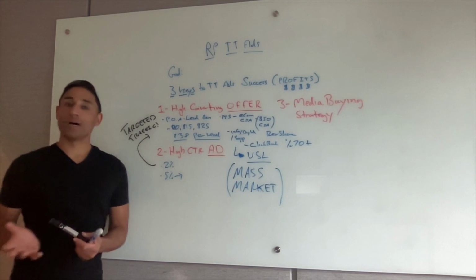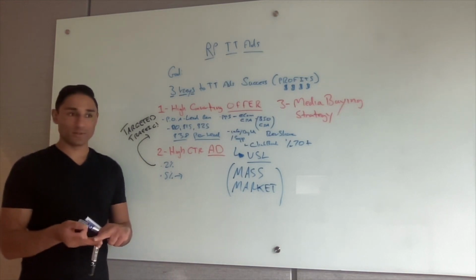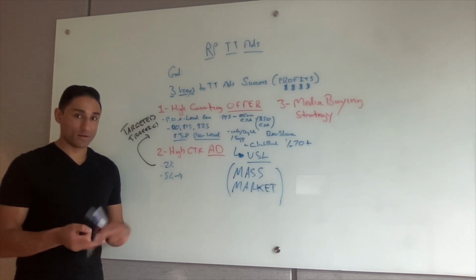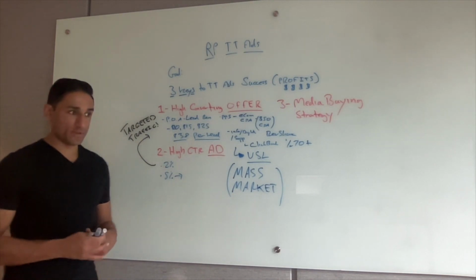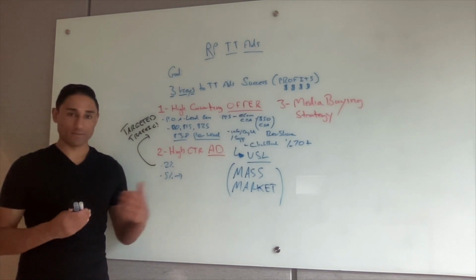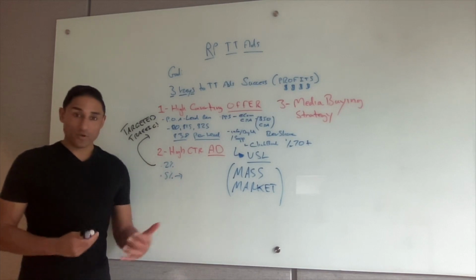We have an entire process for getting a high click-through rate and a high converting ad on TikTok, and we go over that in the next parts of the superclass. We have an entire formula.